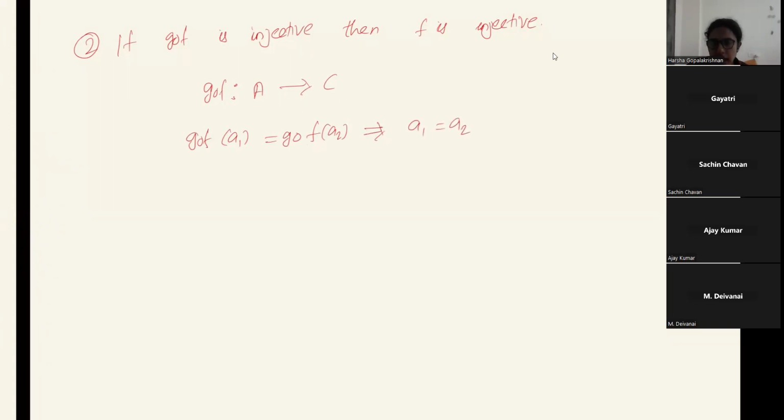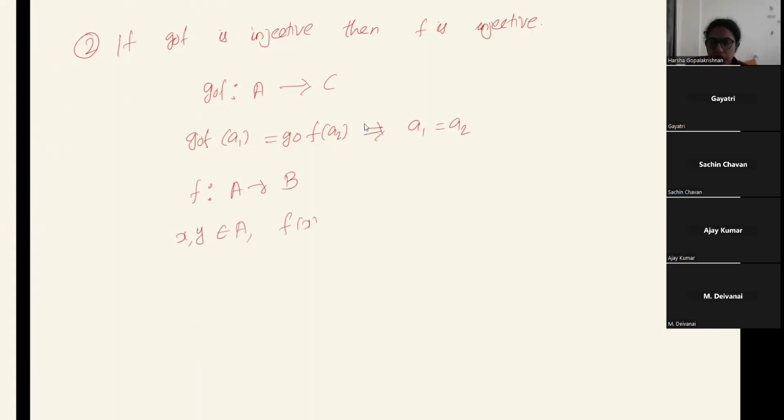Now, what we want to prove is F is injective. So, how should we start? F is a map from A to B. I am taking two elements, suppose X and Y in A, and F of X equal to F of Y.